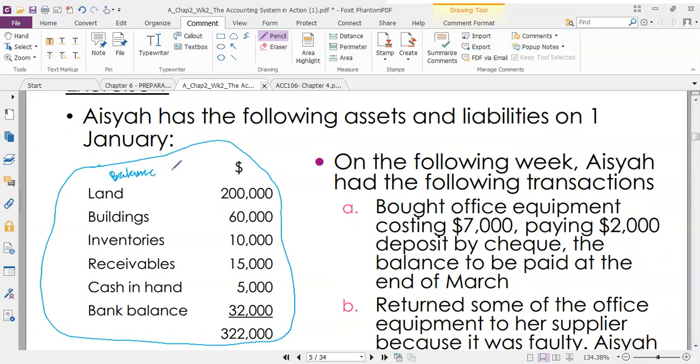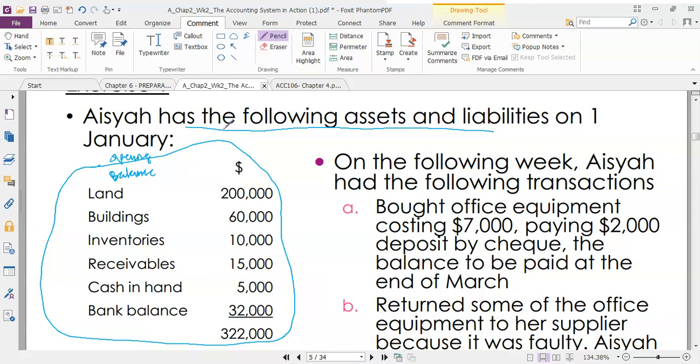Balance of what? The opening balance. That we call the opening balance. Okay, this is the example.